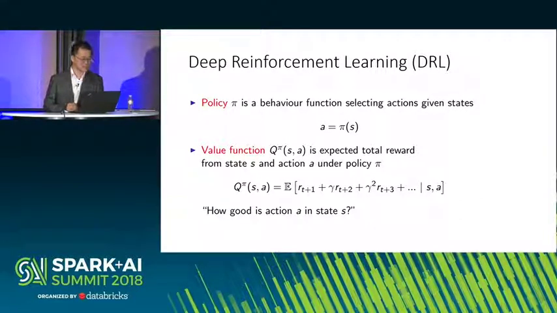And the value function is the expected total reward from state S and action A. So in some state S, if you take an action, Q pi (S, A) represents the future total reward that you can get. And here in the equation, lambda stands for a real value between 0 and 1. That means the rewards at the far end will have less importance than the immediate reward.